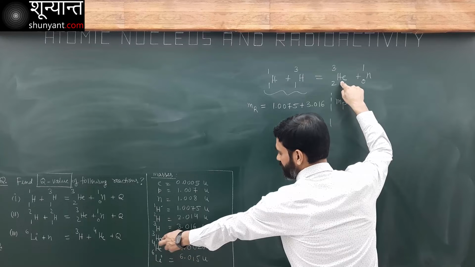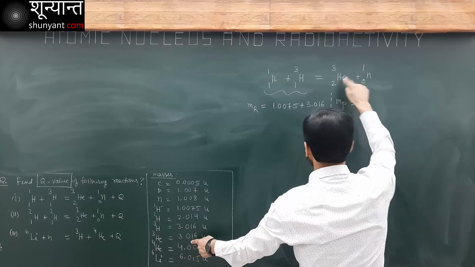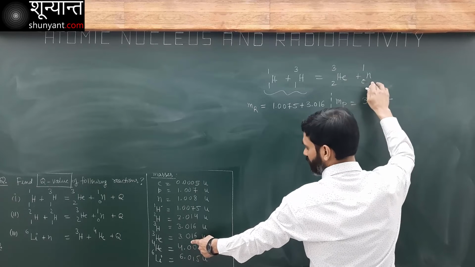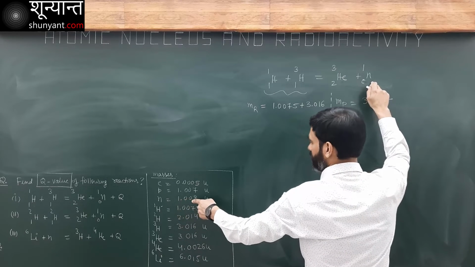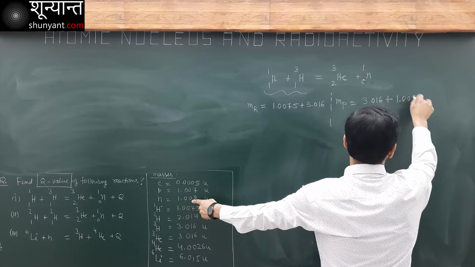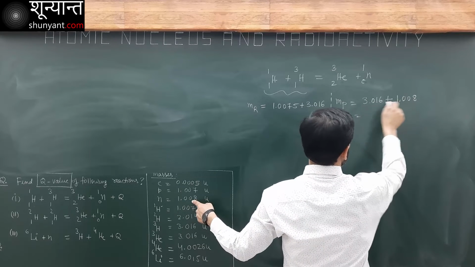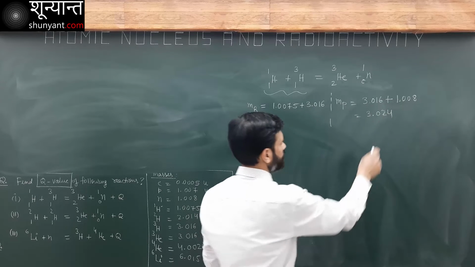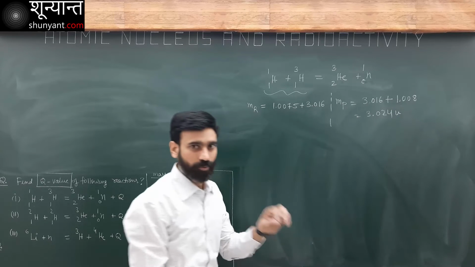Okay, here. So 3.016 plus the mass of 1 neutron, given here, 1.008. This will be equal to 3.024 u. This is the mass of product.